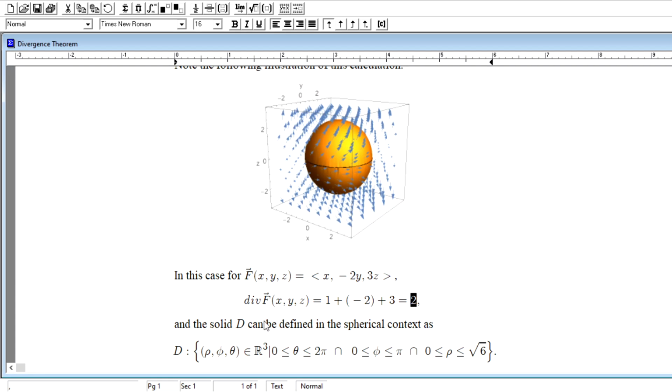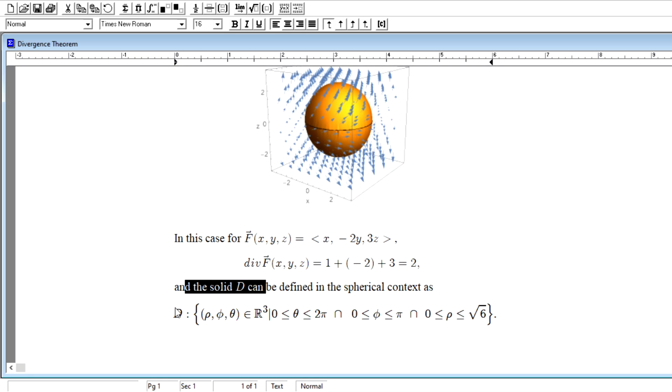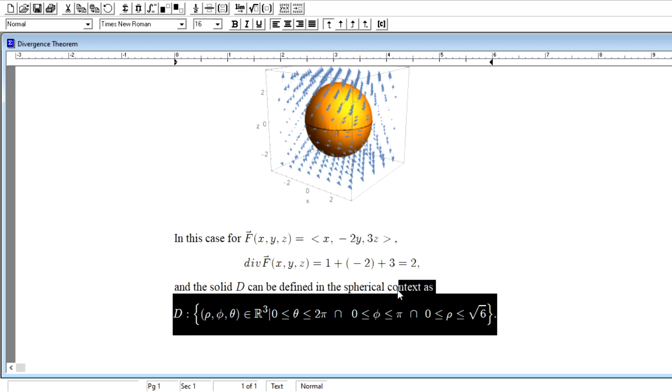As for the solid, we can define it using the definition of a sphere given in the rectangular system, or we can approach it in the spherical context, where we get a nice, clean description of this sphere.